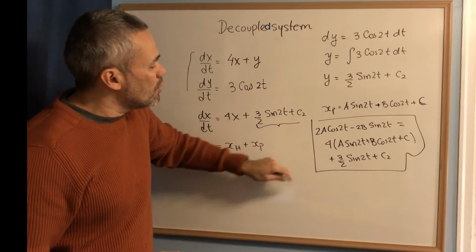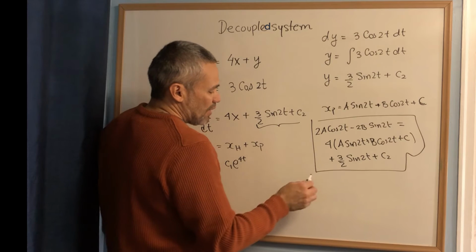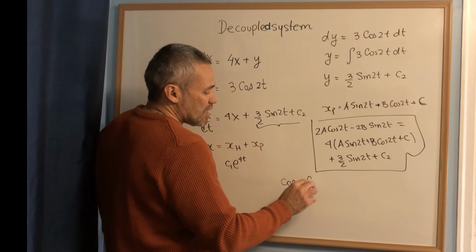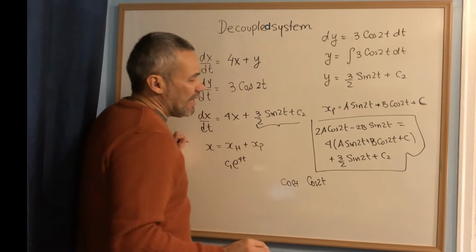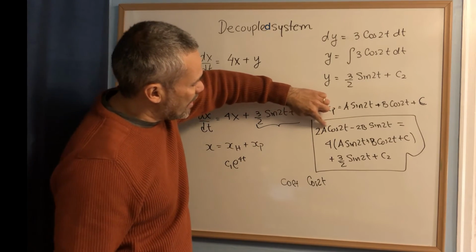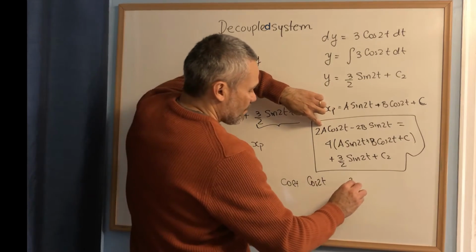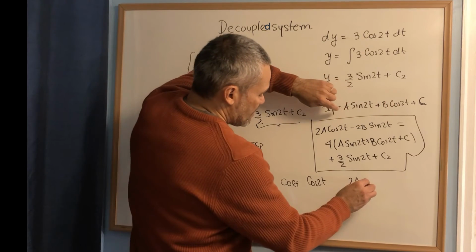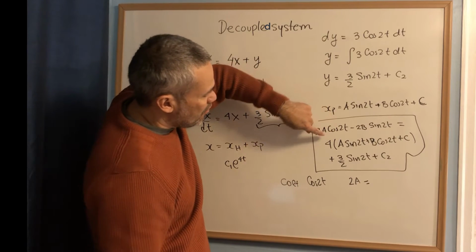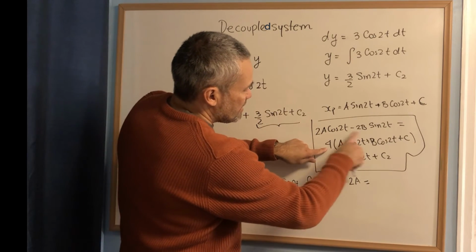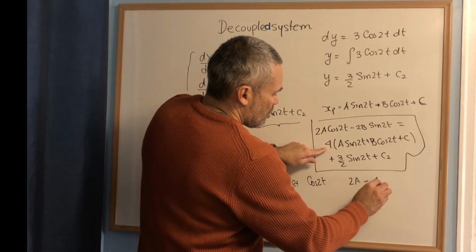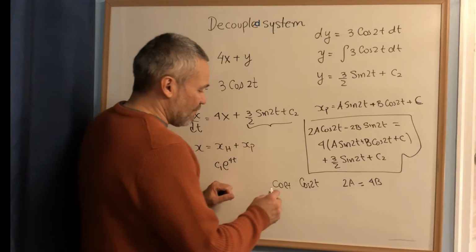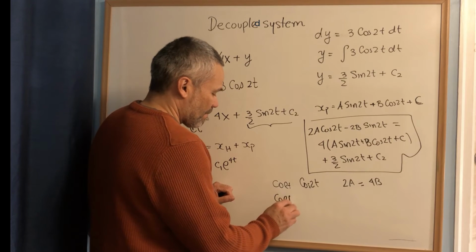We can equate like coefficients to set up equations. What is the coefficient of cosine of 2t on the left? On the left, we have 2a. What else do we have? Nothing else. And what is the coefficient of cosine of 2t on the right? When I multiply this, I get 4b, right? Now, let's find the coefficient of sine of 2t.